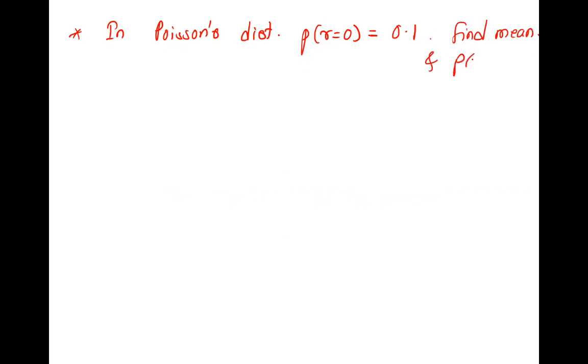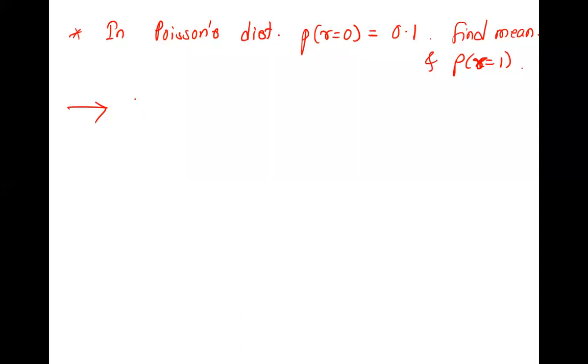In Poisson's distribution, if probability of R is equal to 0 is 0.1, find the mean and probability of R is equal to 1.